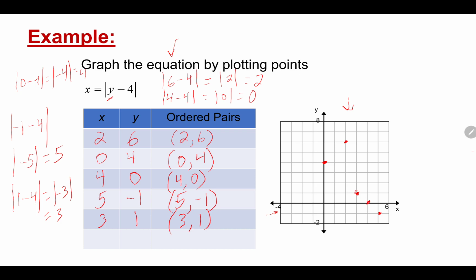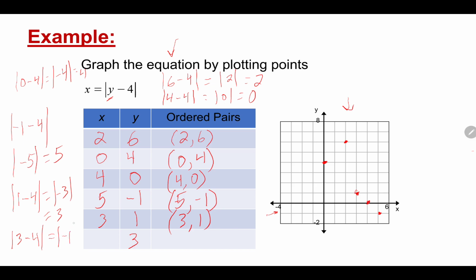Let's choose something else. Let's choose 3. If I plug a 3 in, or maybe we want to choose something higher. Well, let's just choose 3. Then this is the absolute value of 3 minus 4. Again, we always want to try to keep our numbers small.